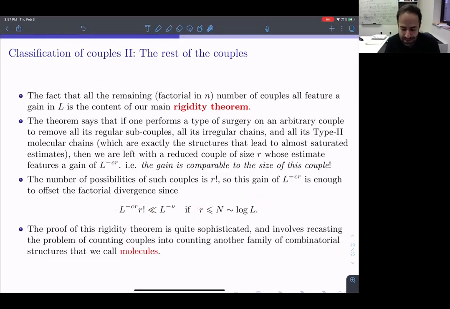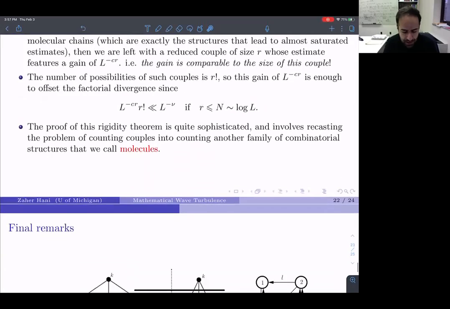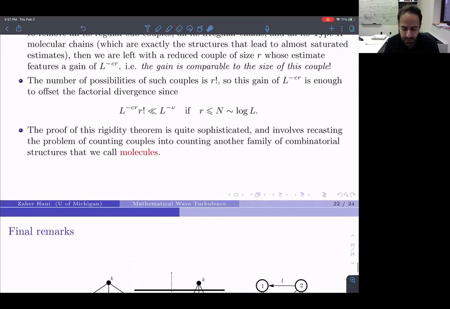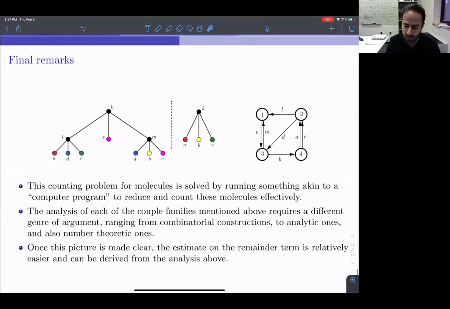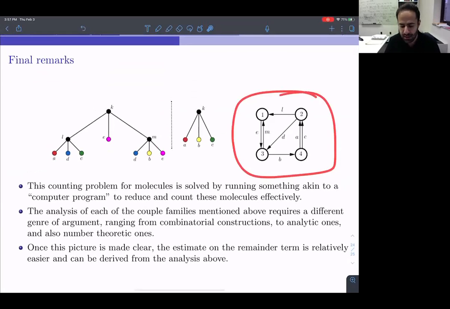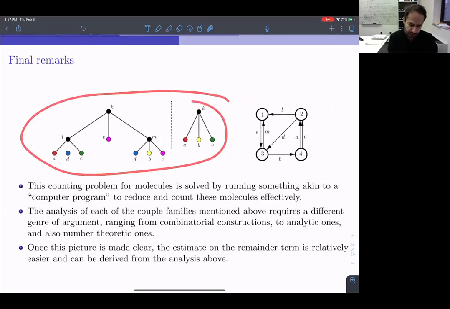Okay, so this proof again is the most sophisticated proof in the paper, and it involves recasting the problem of counting couples into counting combinatorial families that we introduce and call molecules, like here. So this couple is transformed into such a molecule, and then we do the analysis on this molecule rather than on the couple.